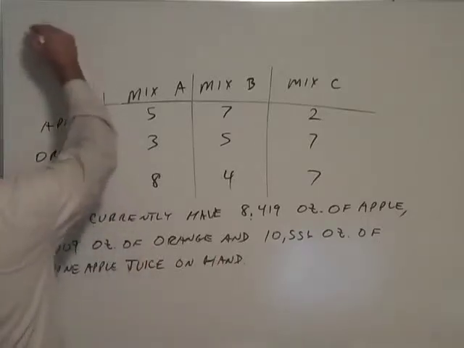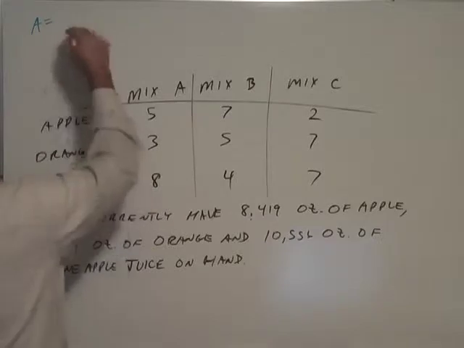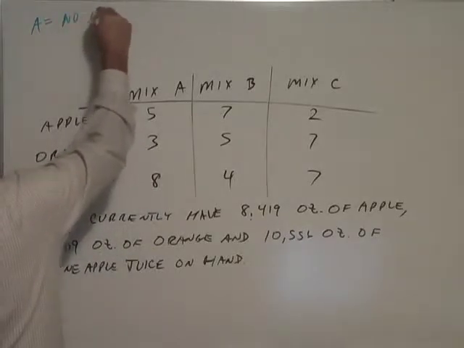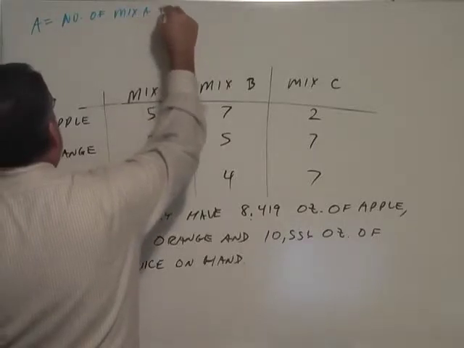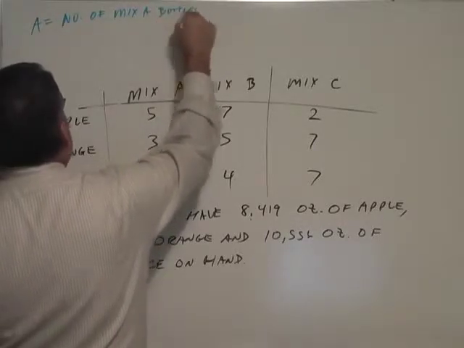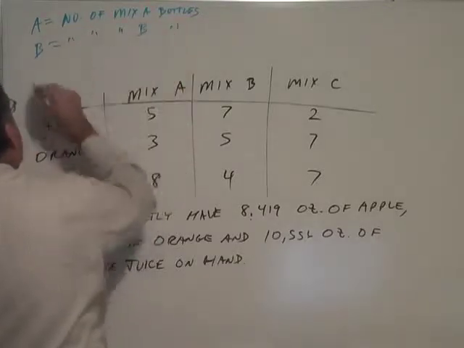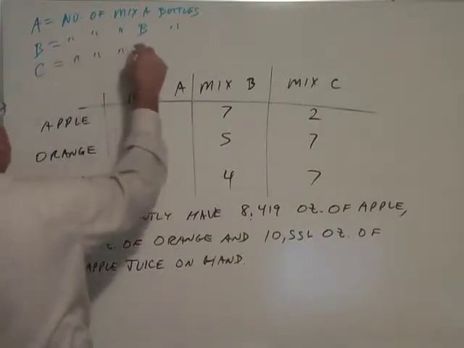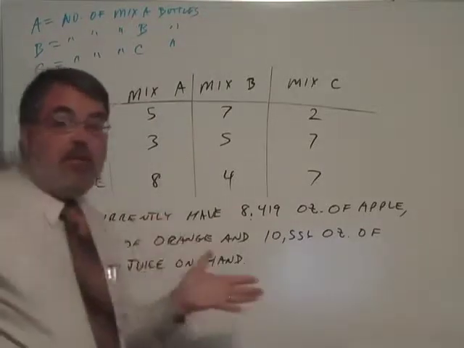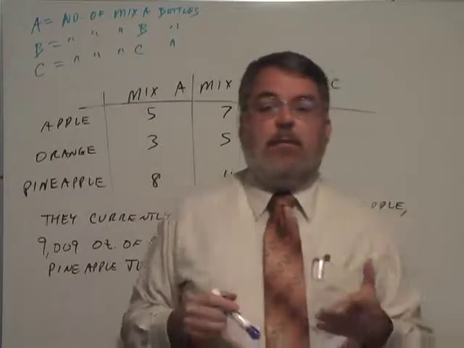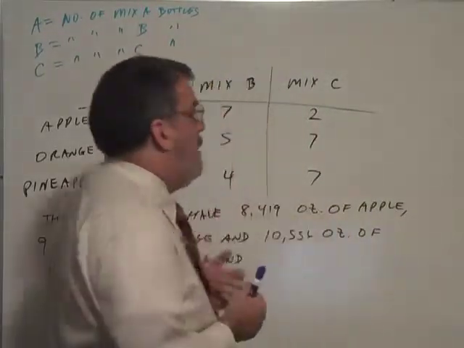Alright, so let A be the number of mix A bottles, B the number of mix B bottles, and C the number of mix C bottles. Now, we have to come up with some equations, and there are 3 unknowns in this problem, so we need 3 equations.